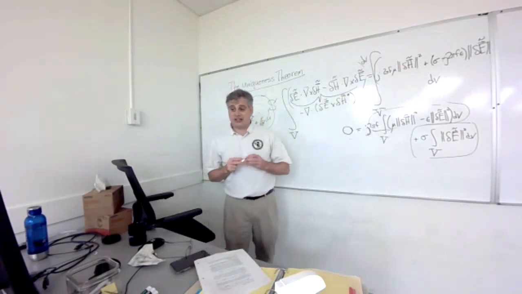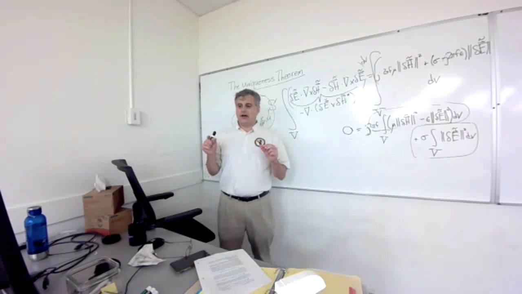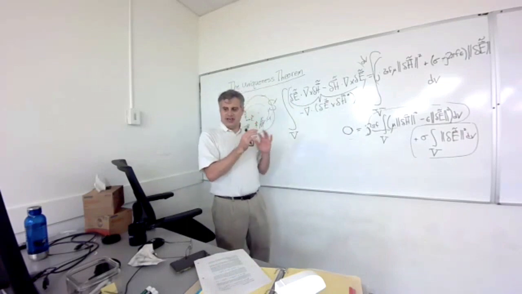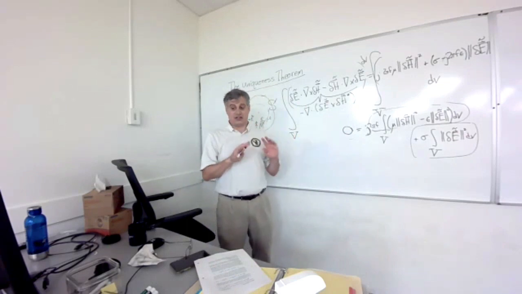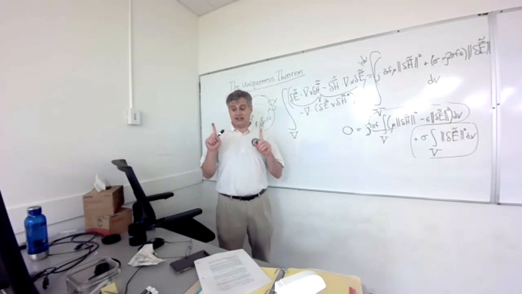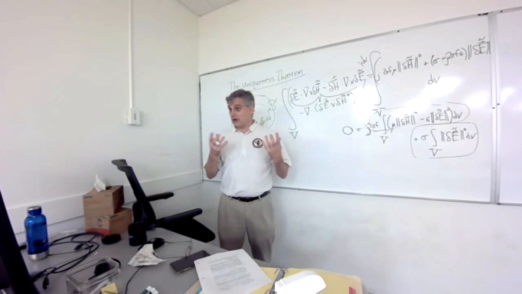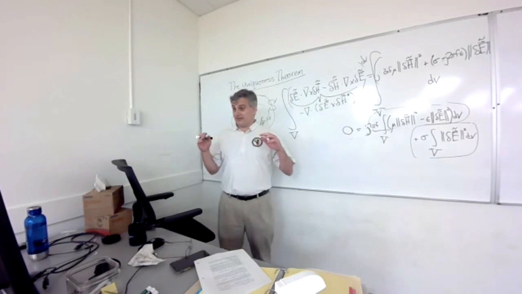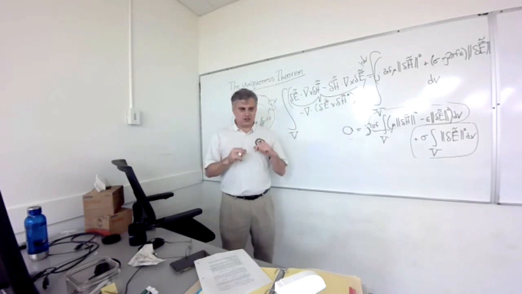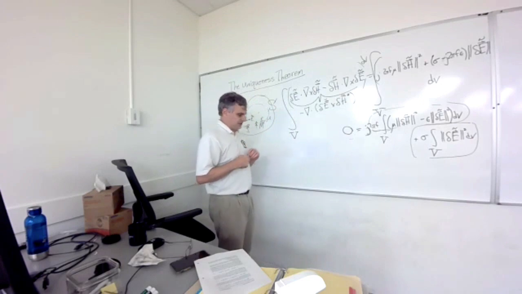Now remember, that's only something we said about the behavior of those fields on the surface. That doesn't specify anything, at least not yet, about the solution within the volume. Delta H and delta E still could be non-zero. But if it's a boundary value problem, we've specified those fields on the surface.